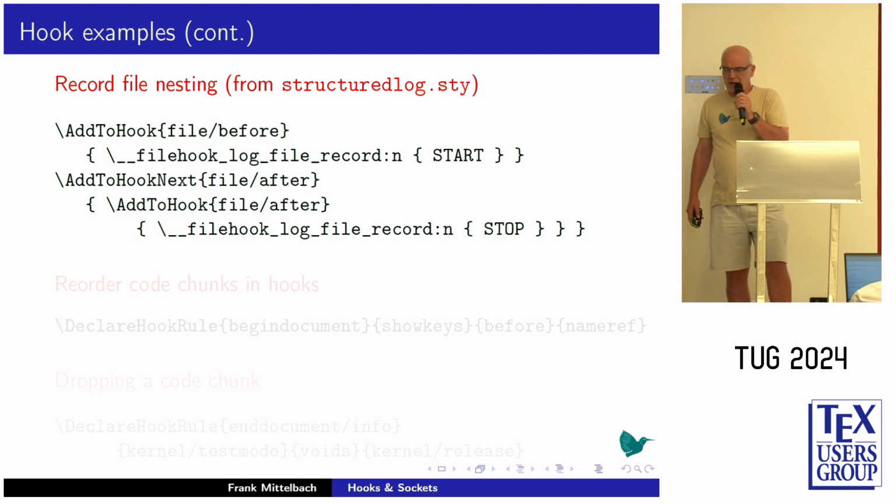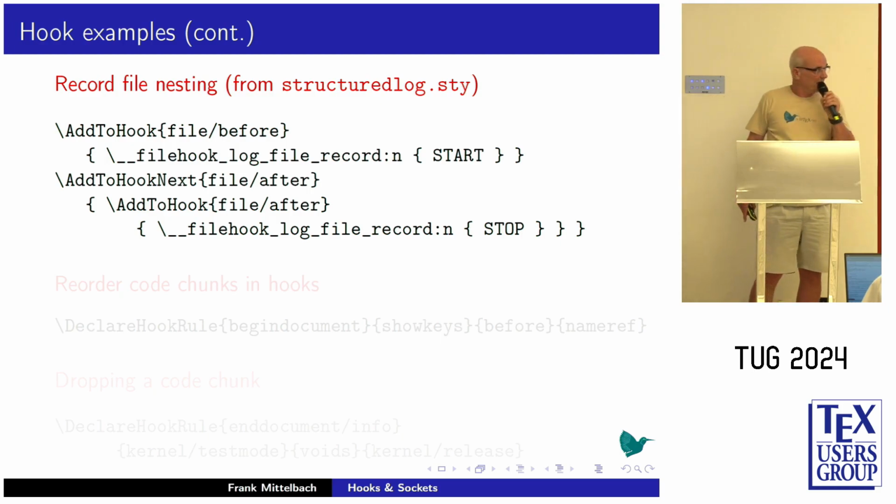So this is another example. It comes from the package called structured log, which offers you extra lines in the log file so that you can easily find where a file is started and where a file is stopping. It's using a little bit of LaTeX3 programming layer code, but that is not important.